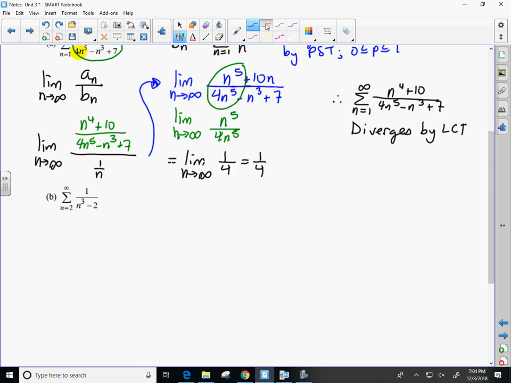All right, so next one, a little easier, I think. Here's my a sub n. The b sub n would just be the 1 over n cubed. It's the sum of n equals 1 to infinity of 1 over n cubed.